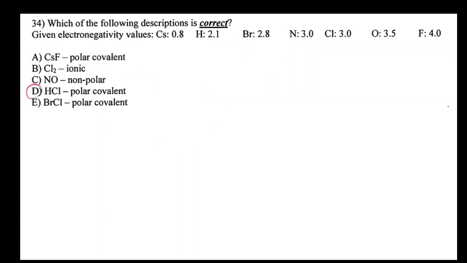Which of the following descriptions is correct given these electronegativity values?